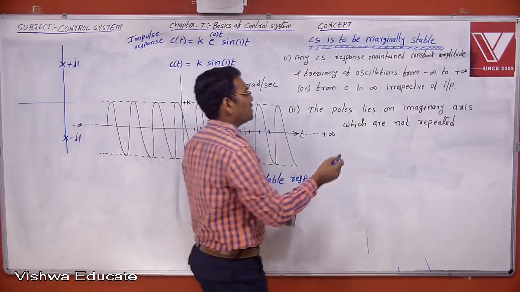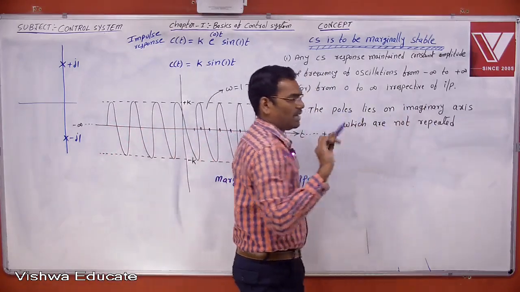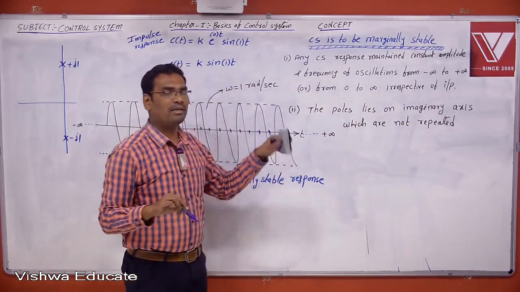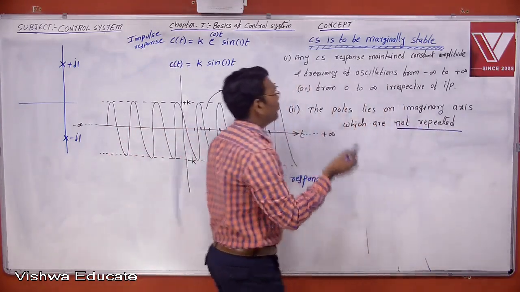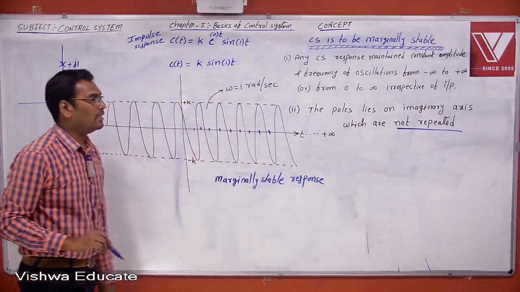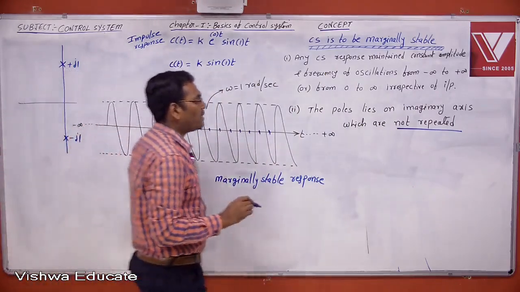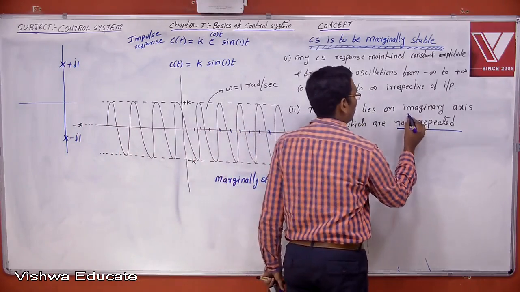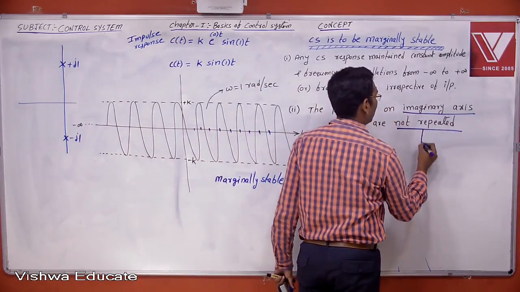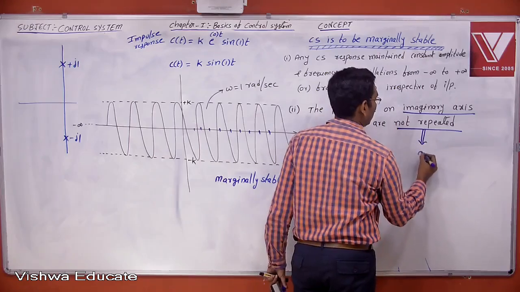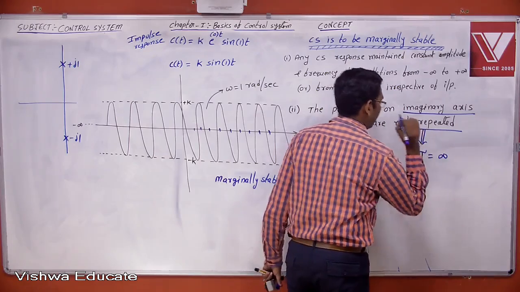If the poles lie on the imaginary axis, don't simply say marginally stable. The poles lie on the imaginary axis which are not repeated, then only it is marginally stable. If they lie on the imaginary axis and are not repeated, then only the system time constant is infinity.